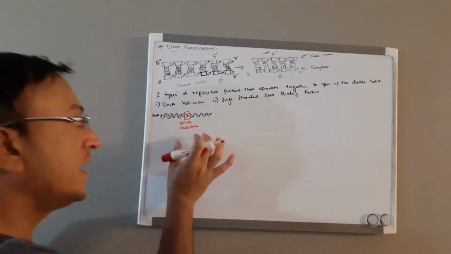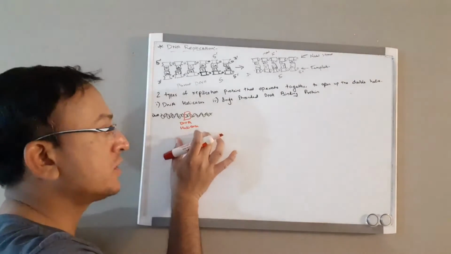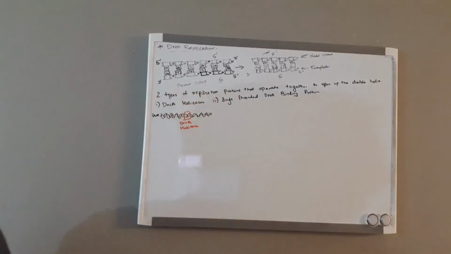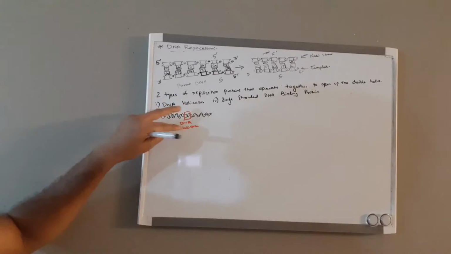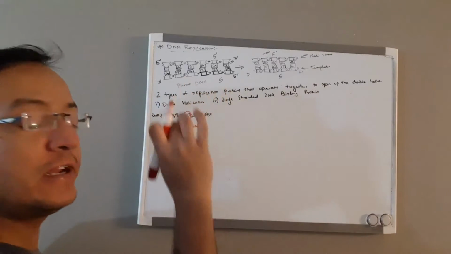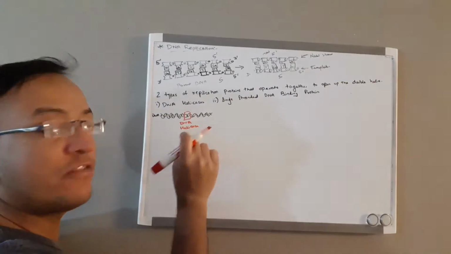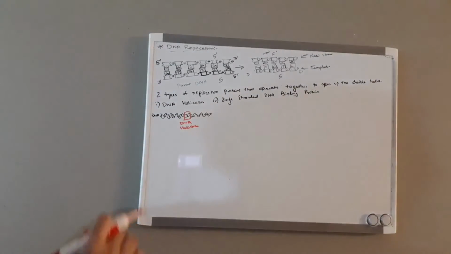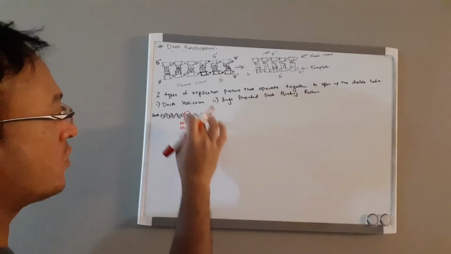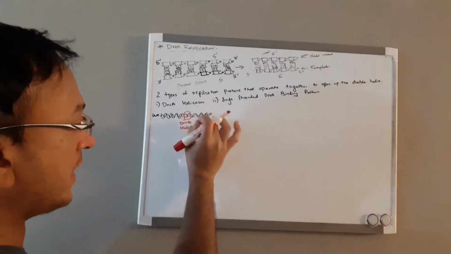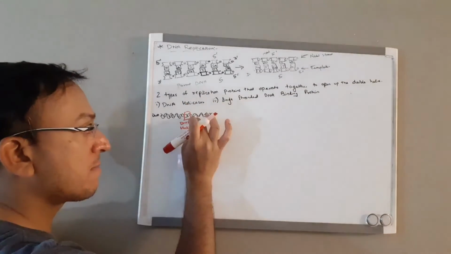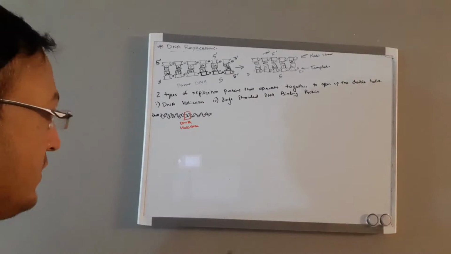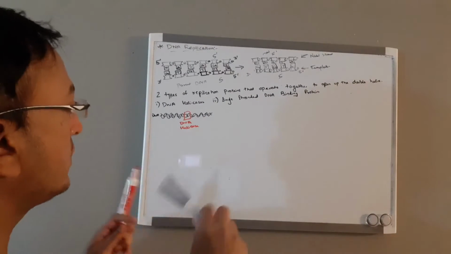First the DNA helicases come in the replication machine, and here it uses the energy of ATP hydrolysis to propel itself forward.